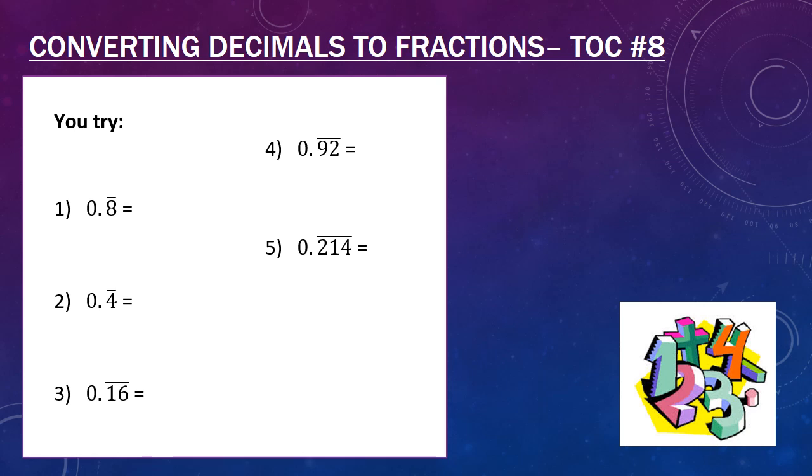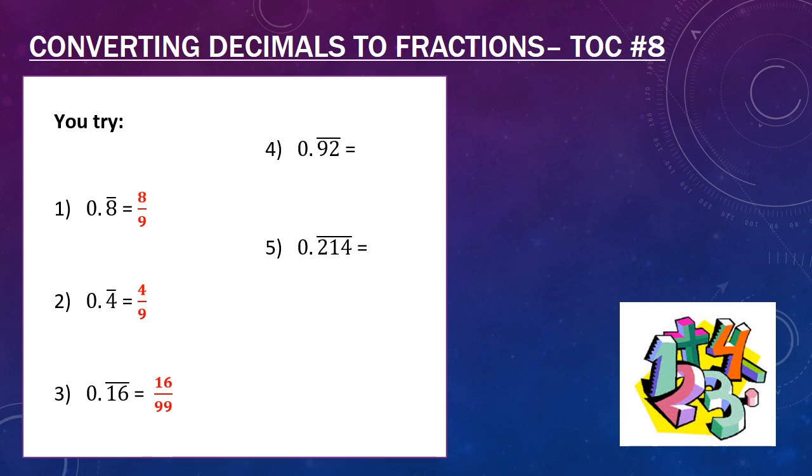For number 1, we have an 8 that's repeating, so the 8 goes in the numerator, and there's 1 digit, so there's 1 nine. You can't simplify. For number 2, we have 0.4 repeating. Again, the 4 goes in the numerator, over 1 nine, and you cannot simplify. For number 3, we have 16 repeating, which means 1 6 1 6 1 6. Since there's 2 digits, we put 16 in the numerator and 99 on the bottom.